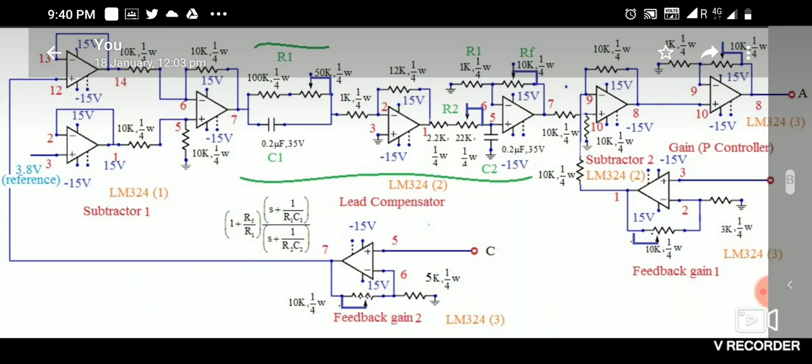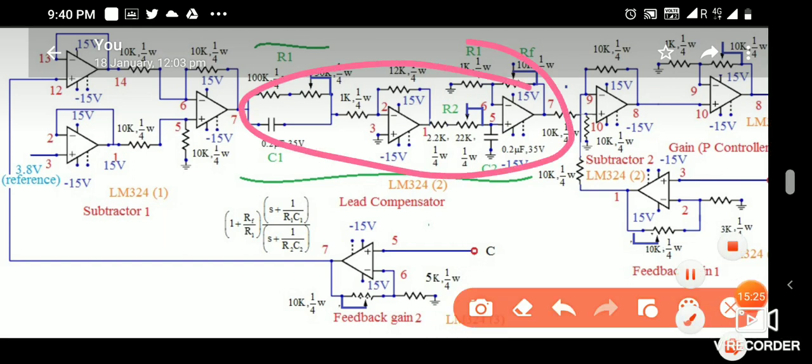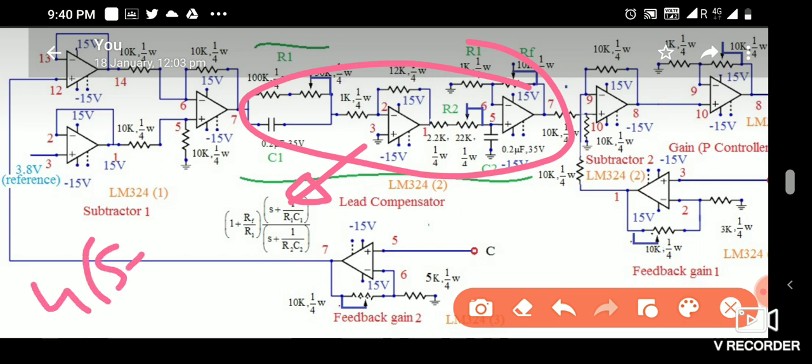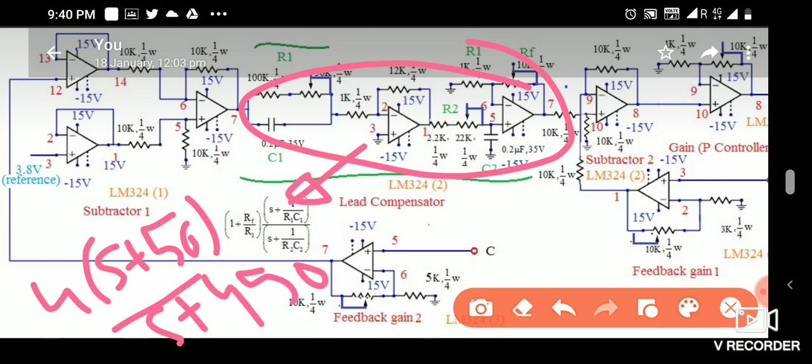If you calculate the total transfer function, it will come as 1 plus Rf by R1 into (s plus 1 by R1C1) by (s plus 1 by R2C2). Suppose from MATLAB the transfer function is 4 into s plus 50 by s plus 450. So you can choose the value of 1 plus Rf by R1 as 4, and you will get the Rf value and the R1 value.